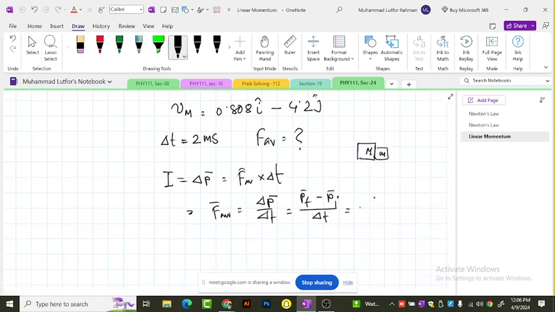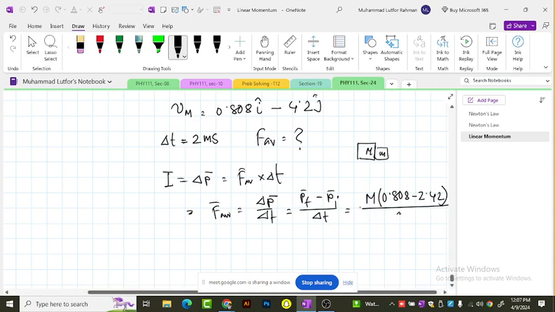So it should be m times 0.808, the final velocity, minus the initial velocity just before the impact, which is V1i, that was 2.42, divided by 2 milliseconds, 2 into 10 to the minus 3. And look, this would be negative, some negative number.